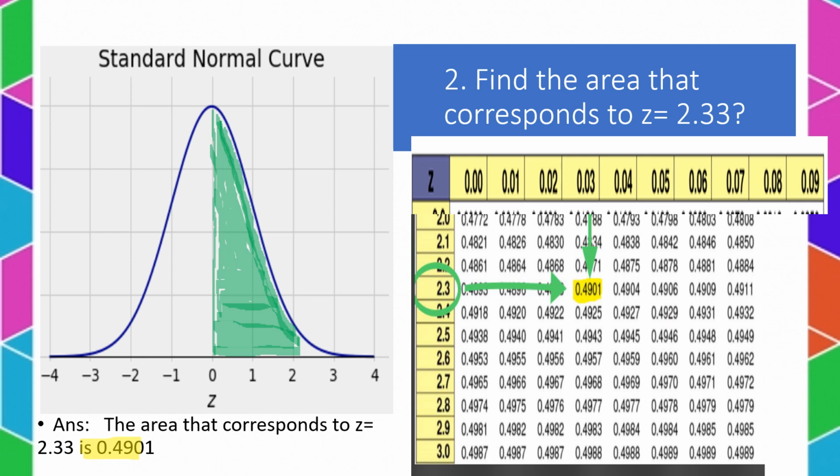Kapag ang positive yung z, so that means at the right of 0. So, yung shaded area mo ay nasa kanan. So, counter-check mo yung how big is the shaded region. So, it is 49.01 and it is almost half the area. Okay? So, this is the figure.